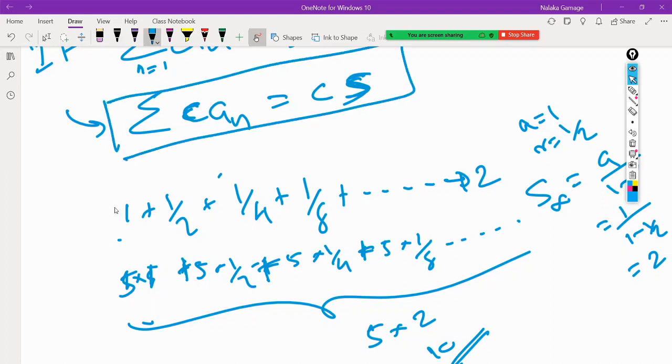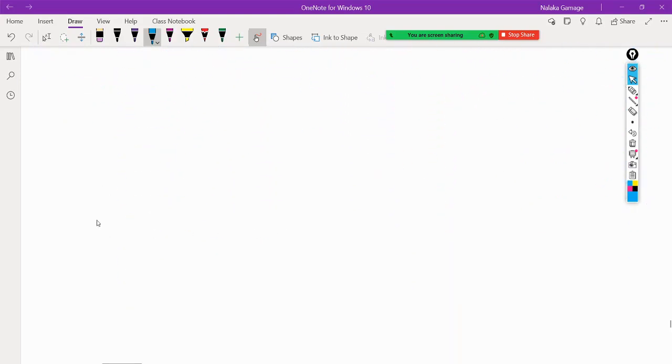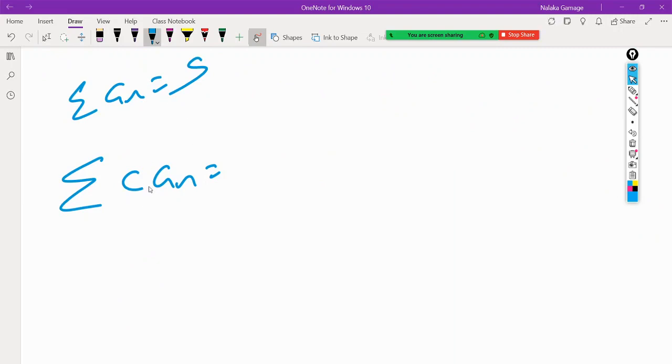Right. This is not actually a proof, since there is nothing much to prove. It's common sense. But if someone asks you to prove it, assume that sigma an is S. Sigma C an means C times a1 plus C times a2 plus C times a3 and so on.